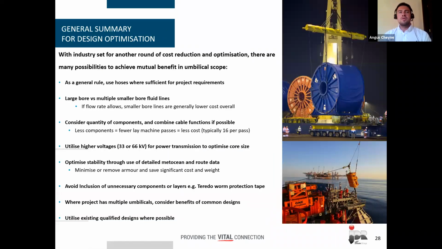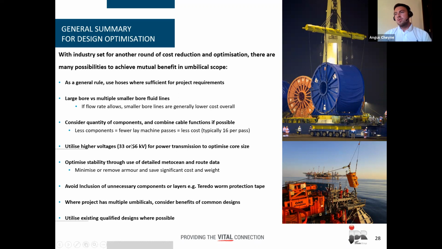Okay, so just to round off the presentation we've gone through, I just wanted to summarize some of the points that I've mentioned and some of the suggestions I would make in terms of key aspects to consider for cost reduction and optimization should you be involved with any umbilical scopes in the future.